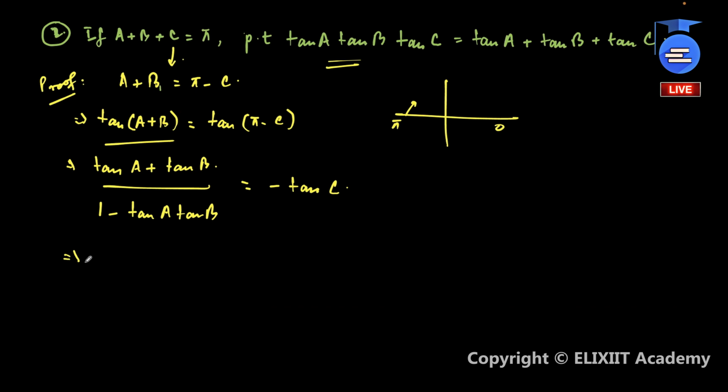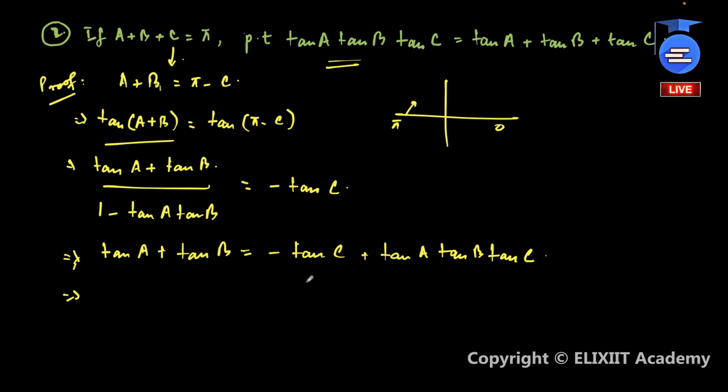So next, you simply cross multiply and simplify, you will get the result. So here I have cross multiplied. Now next, simply take this thing on the left hand side. So we are done. That's what we are asked to prove.